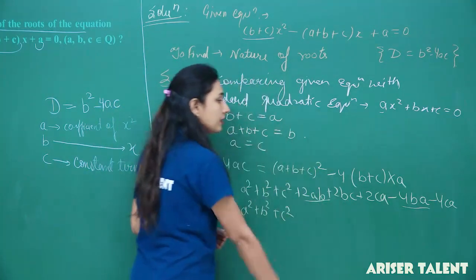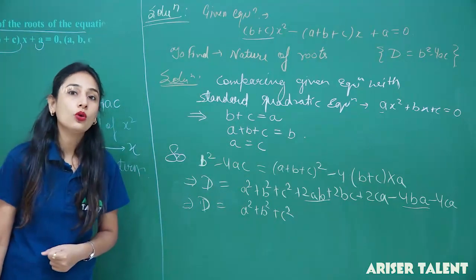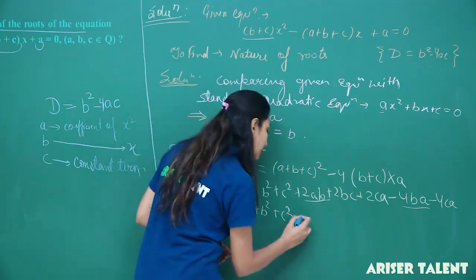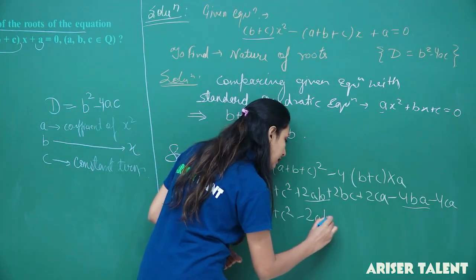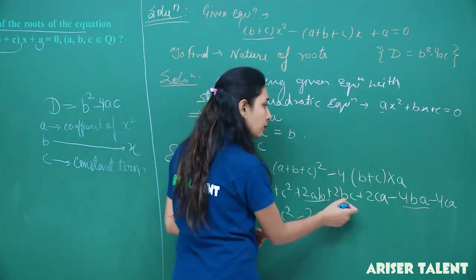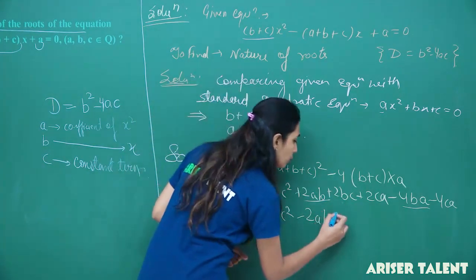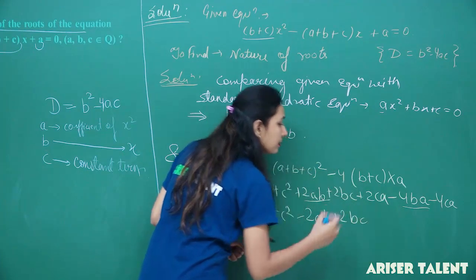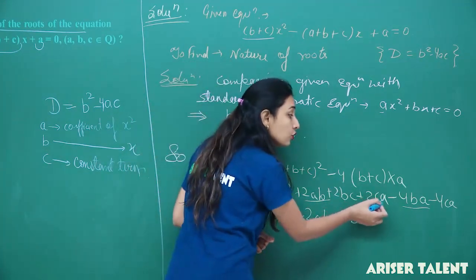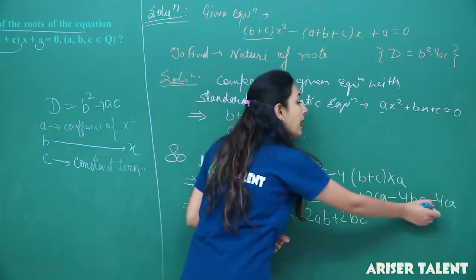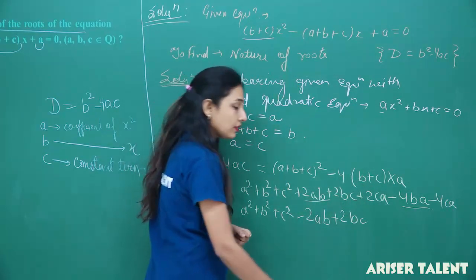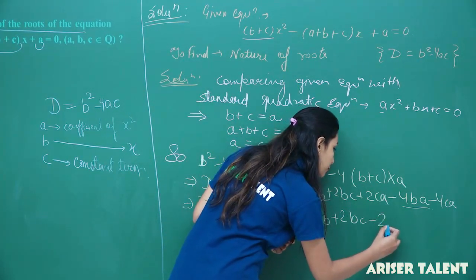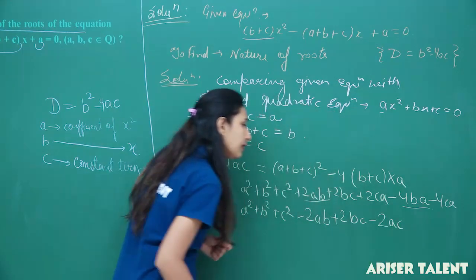This is 4ba, this is minus, this is plus. So what will be the answer? Minus 2ab here. Now 2bc, no change in 2bc here, so we will write it as it is. Now 2ca and minus 4ca, right? So minus 2ac, or ca you can write.